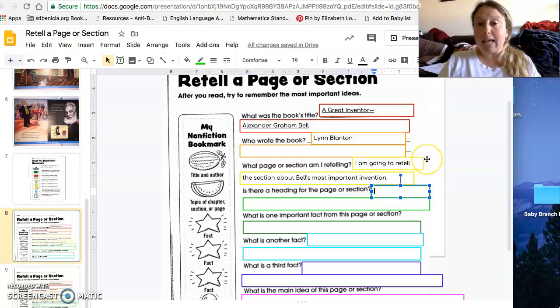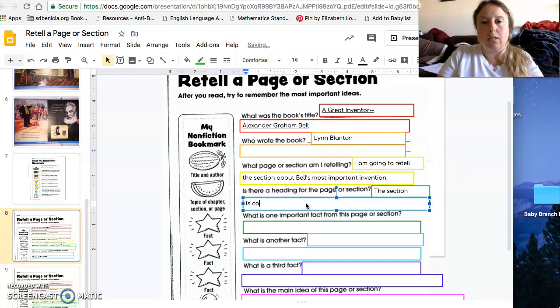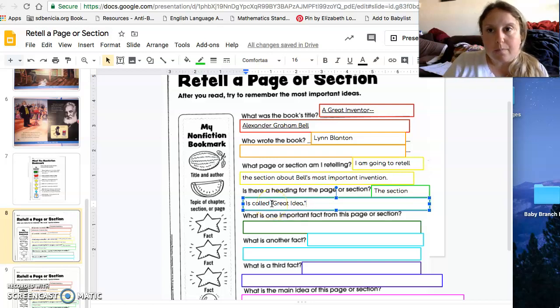Next part is, is there a heading? And we did find the heading, even though they made it a little bit tricky for us. And the heading for my section is called "Great Idea." Now you'll notice that I put these two lines.